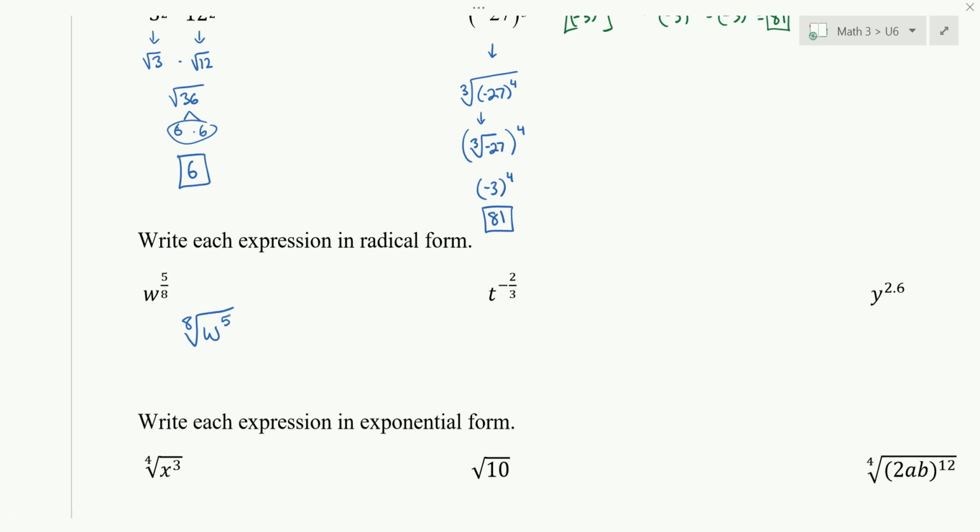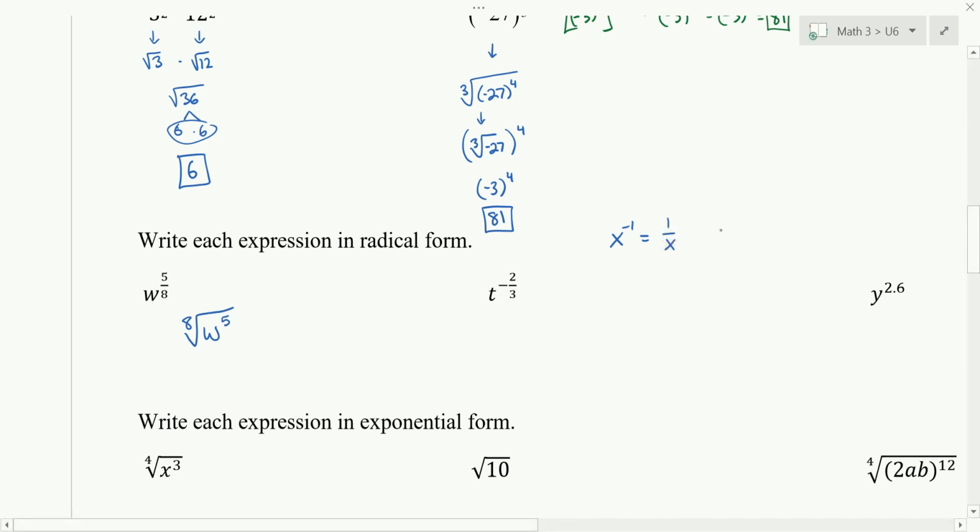We need to, on this next one, t to the negative 2/3, we need to remember something about exponents. And that is, we can't end with a negative exponent. We always got to get rid of those negative exponents. You got to remember also what that means. Like if I have x to the negative 1 power, do you remember how to get rid of that negative exponent? Or what that means? So it deals with a fraction. This is actually equal to 1 over x.